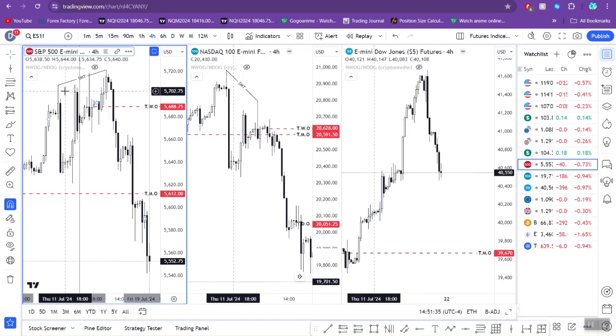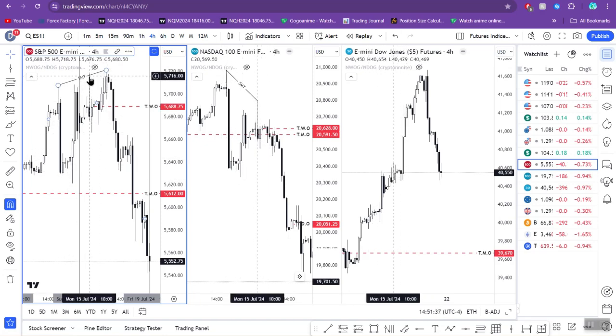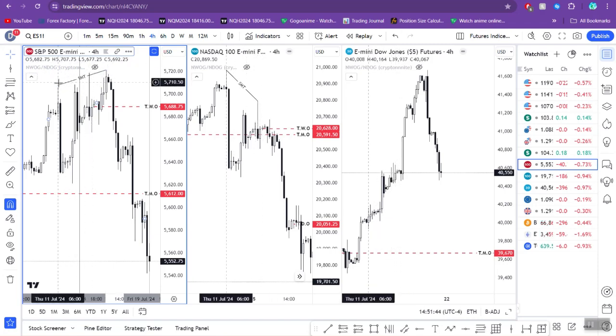If you have a weekly SMT, and when I say weekly SMT, I'm talking about the previous week's high or previous week's low, in this case the previous week's high, we had a situation where during this week we took out last week's high right here, but in NASDAQ we don't do that.